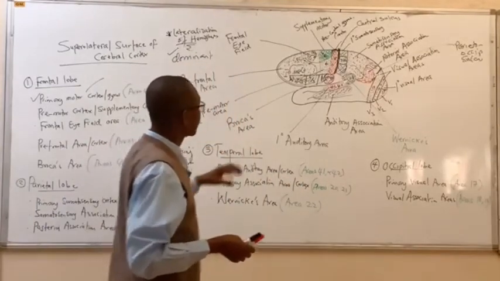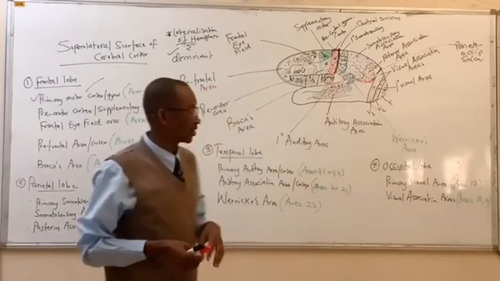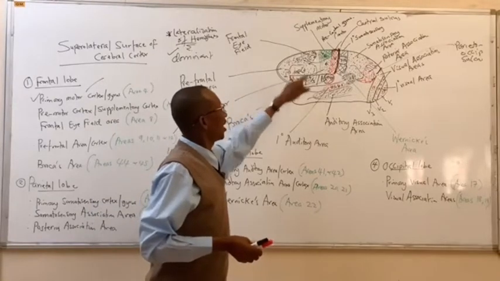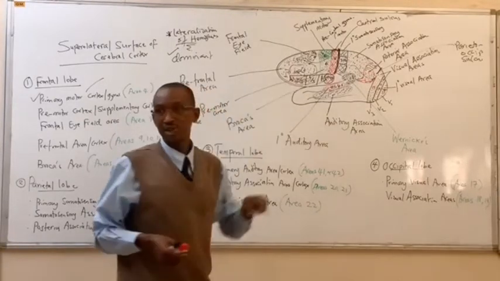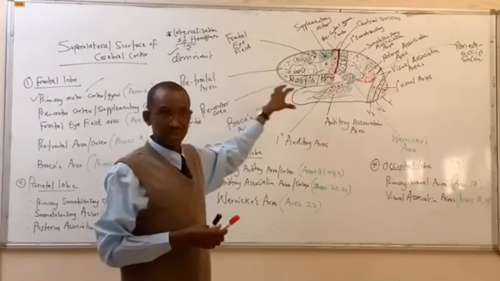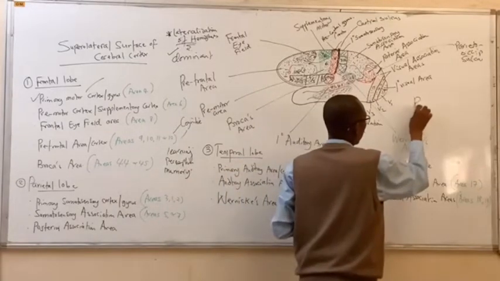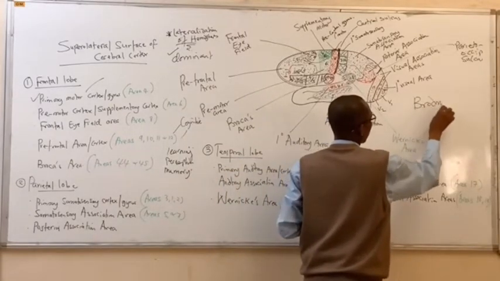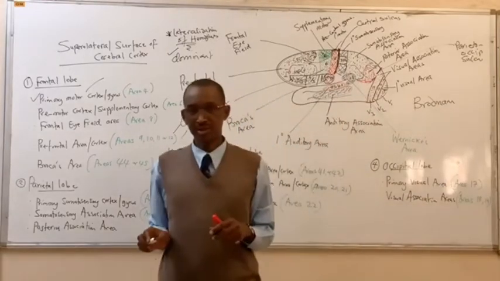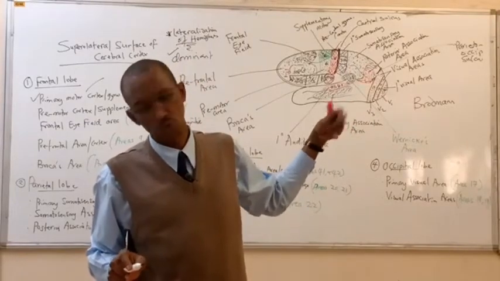Now we've seen the important areas on the superolateral aspect of this. So if you can see here, I've already written some letters. And those letters are important in that there was one man we call Brodmann. Brodmann was a German neuroanatomist that lived some hundreds of years ago, about 200 years or so.